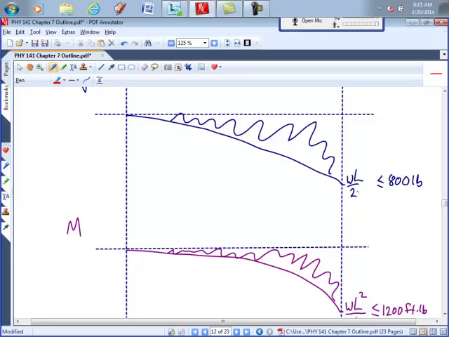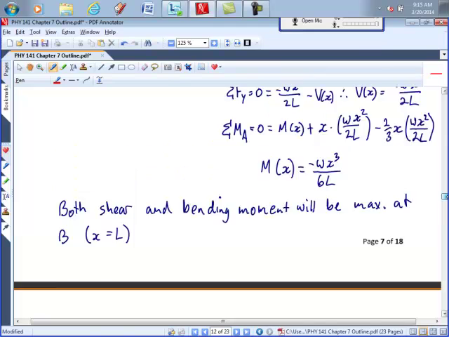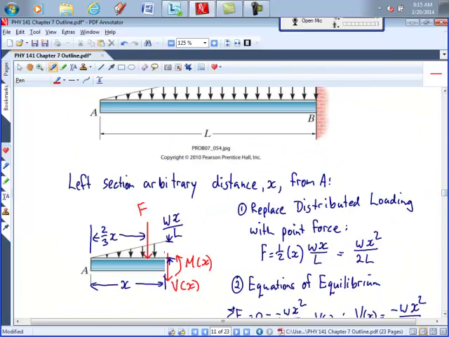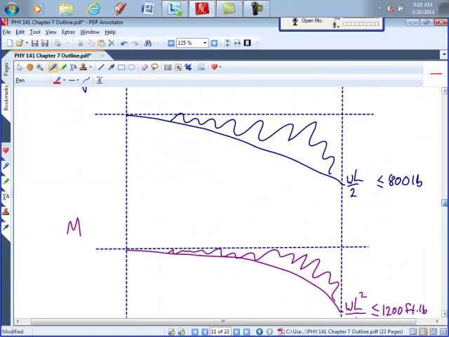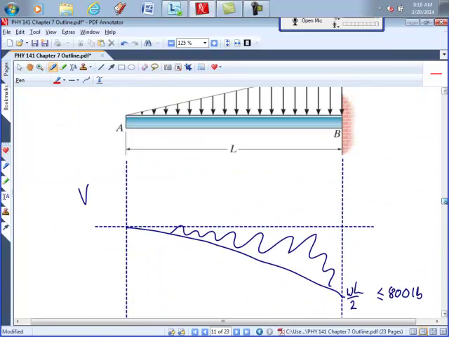It would be wx over L, which was this function. So w as a function of x equals wx over L. The slope of V is w.